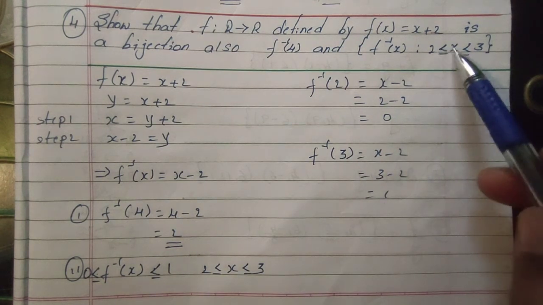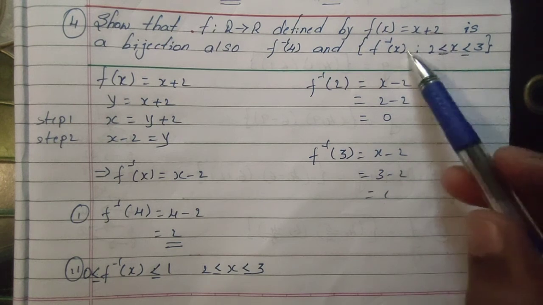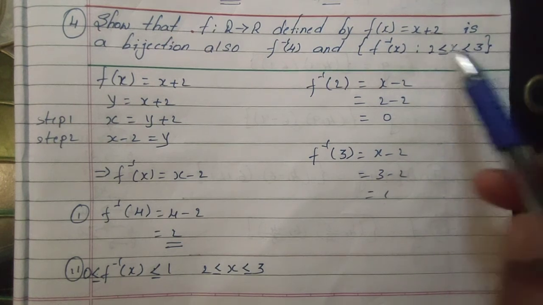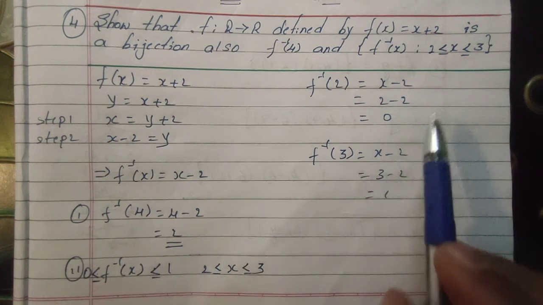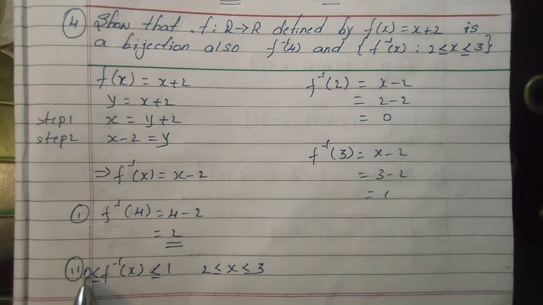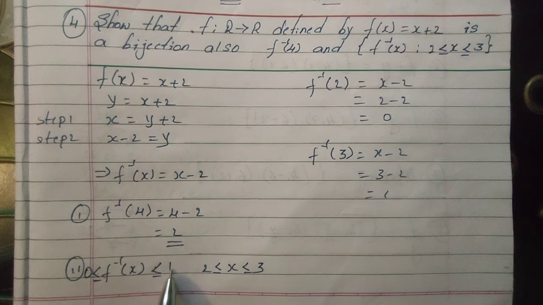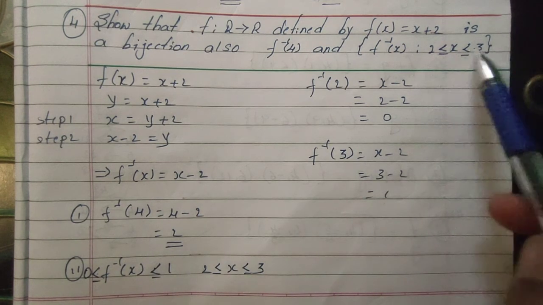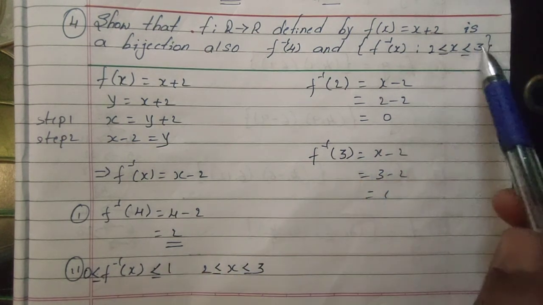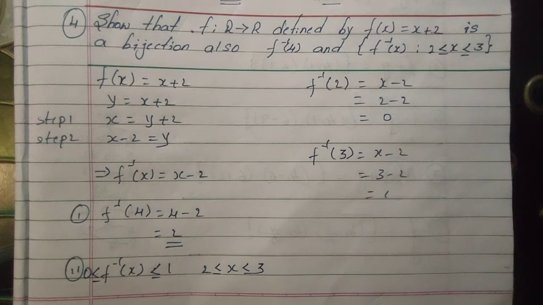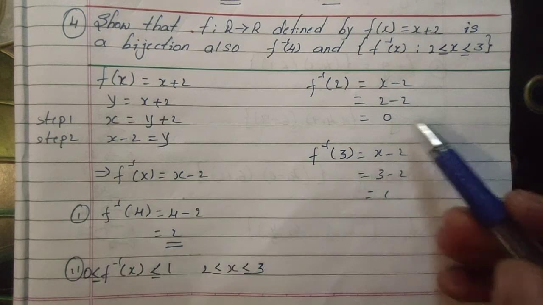So when the x value is 2 and 3, what is f inverse of x? It will be either equal to 0 or less than or equal to 1, between these two. When x equals 2, what is the answer? 0. When x equals 3, what is the answer? 1. Between 2 and 3, 2.1, 2.2, 2.3, 2.4, many values will be there, no? That value will be between 0 and 1.